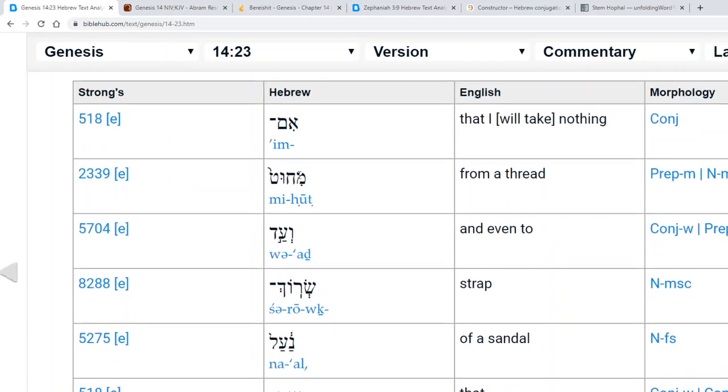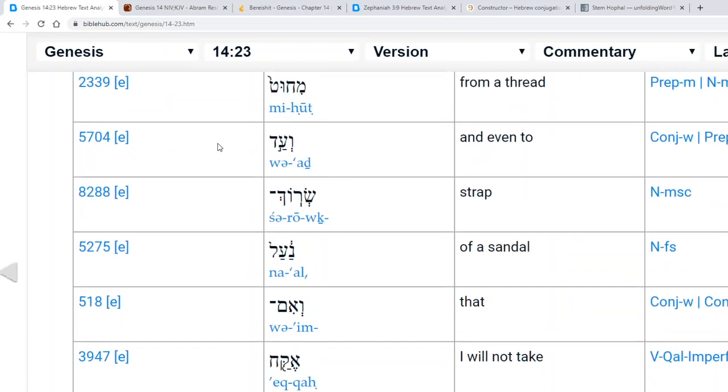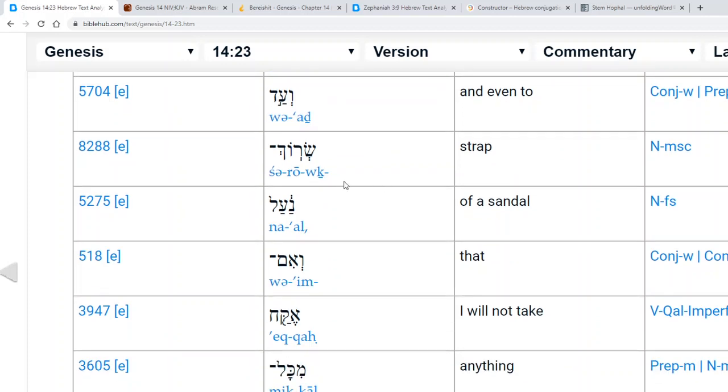Michut, right, is prepositional mem. Chut is a thread. And you can look to see if it shows up other places in the Bible. Ve'ad, so chut does show up many times. It's a thread. Ve'ad, so conjunctive of ad means onto, right, until.